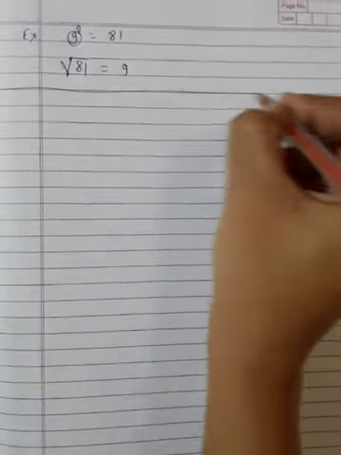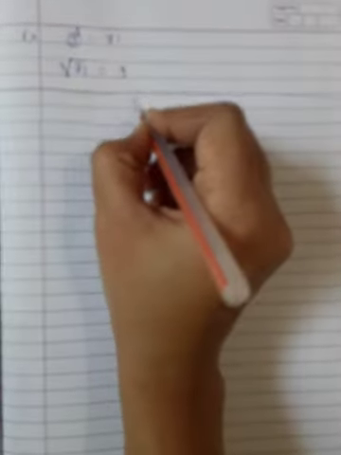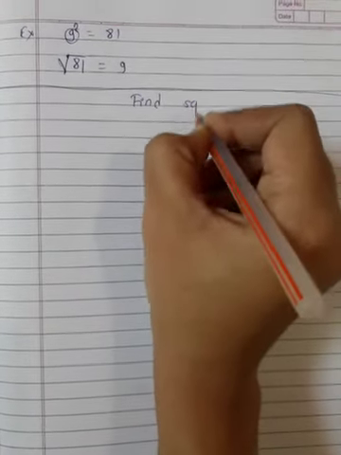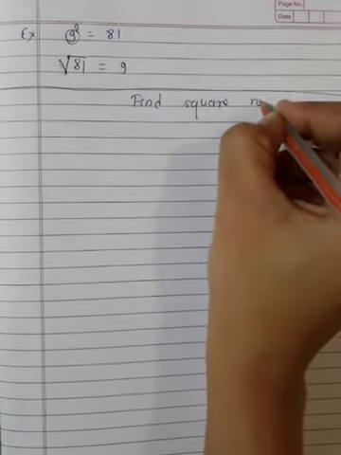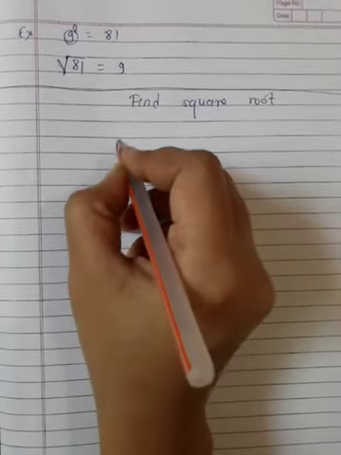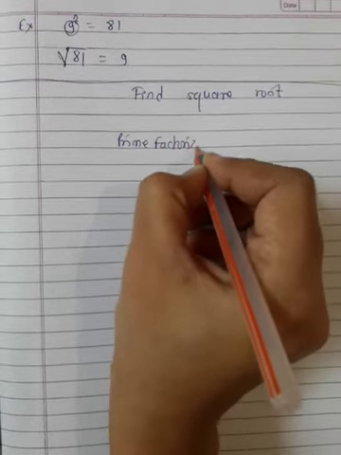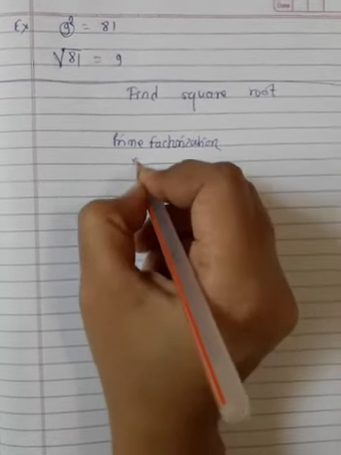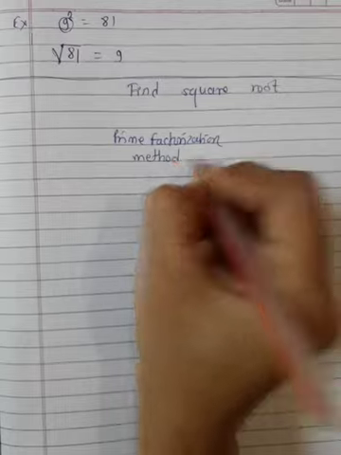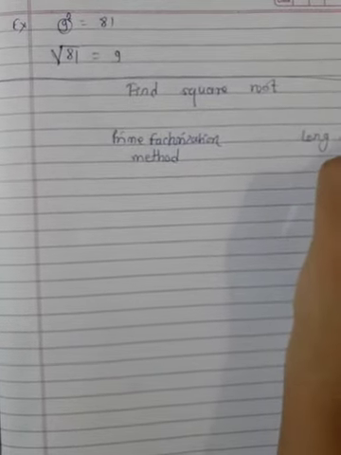Now see, there are some methods to find square root. Actually there are two methods, the prime factorization method and the long division method.